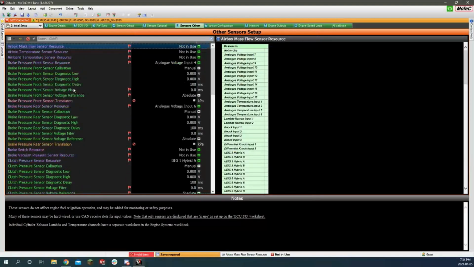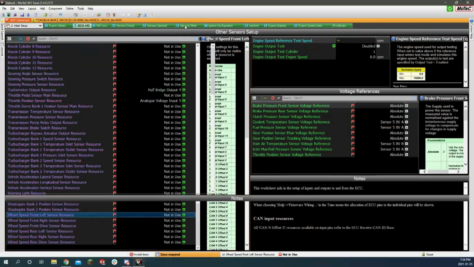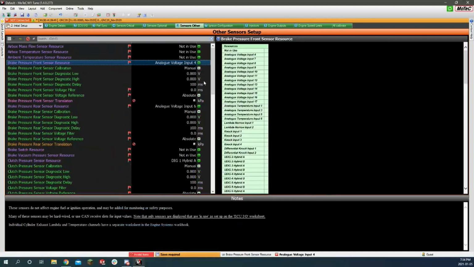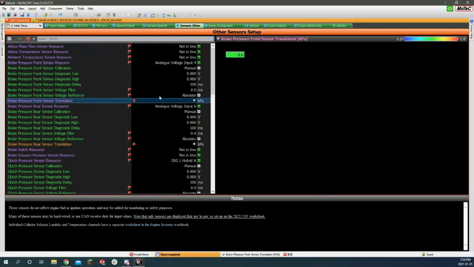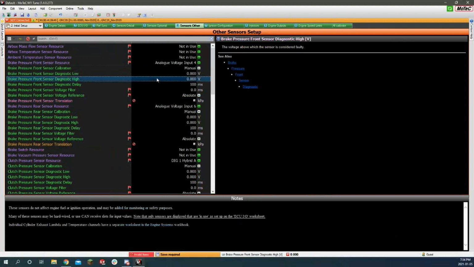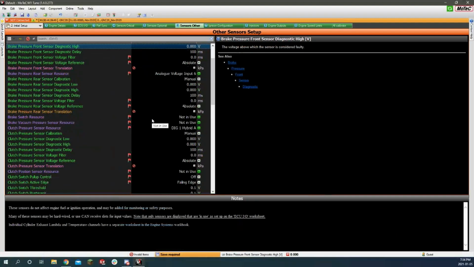I wonder if there are any sensors we use here. Brake pressure, again, this is sort of redundant because we went through the ECU input and output. This line is redundant, but this is where you tell it what the sensor is doing, what everything means in terms of voltages, and this is something that you set up when you know exactly what sensor you're using.